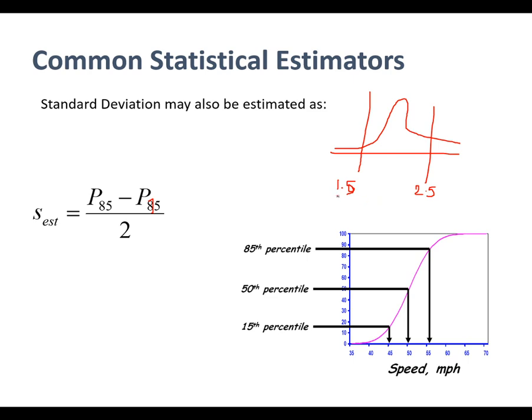Then to get the estimated standard deviation, you can easily know now the 50th percentile. So the 50th percentile is 2, it's just the mid value here. And the estimated standard deviation is 2.5 minus 1.5, that's 1, divided by 2, so it's 0.5. Plus or minus 0.5 seconds of reaction time.